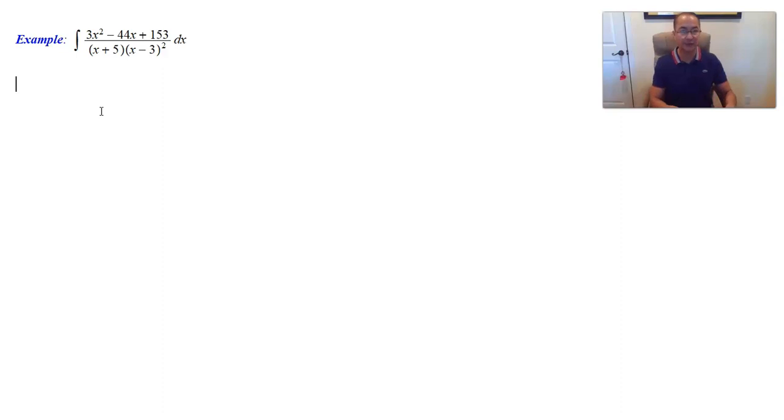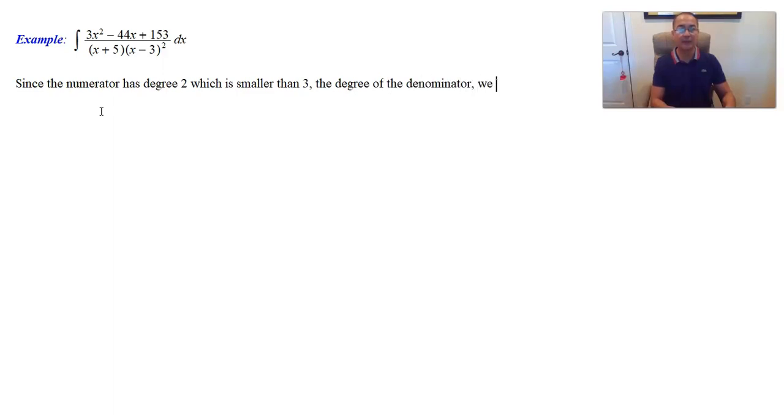Since the numerator has degree 2, which is smaller than 3, the degree of the denominator, we do not have to do a long division. Excellent. So we can skip that cell and go straight to the partial fraction decomposition.